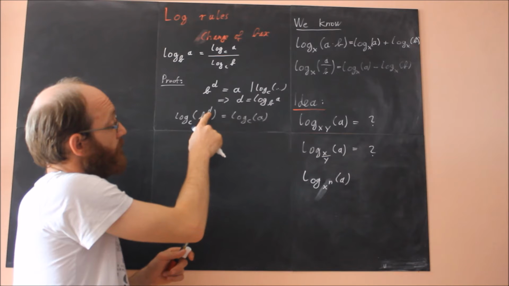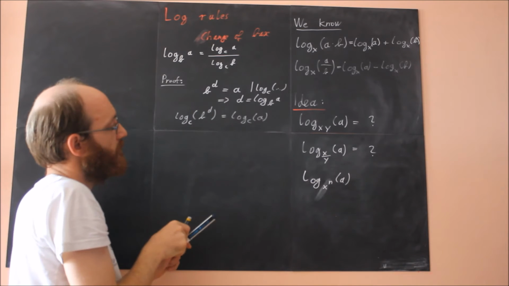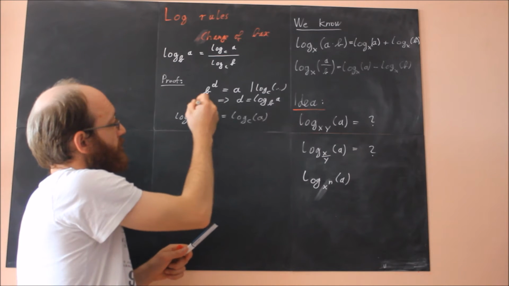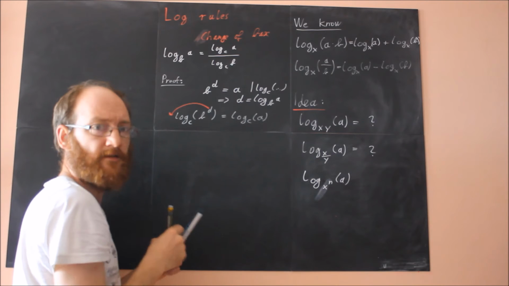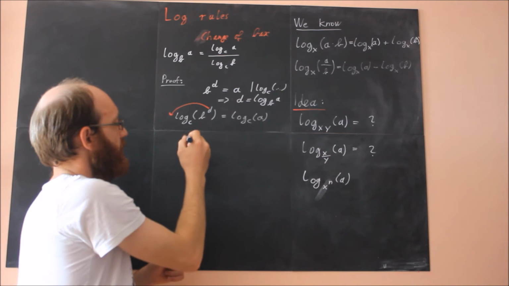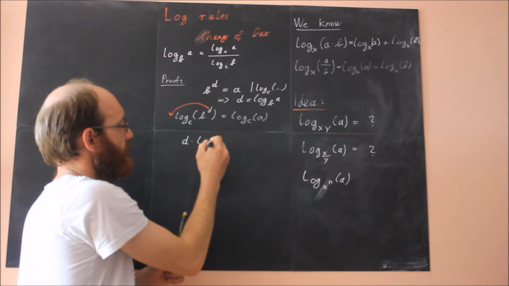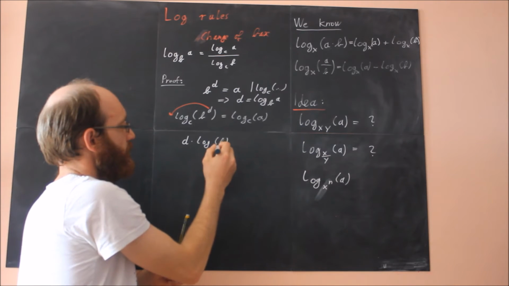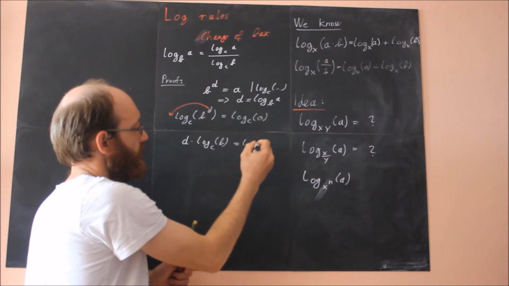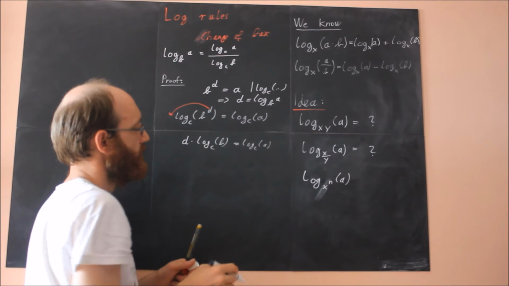Now we can bring the d in front of the logarithm. This is one of the basic properties. So we have d times log b to base c equals log a to base c.